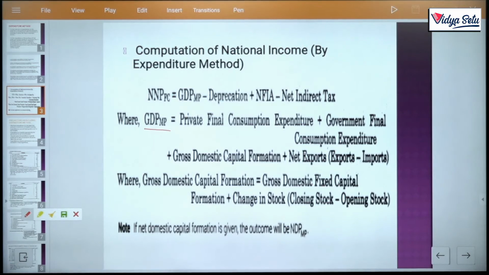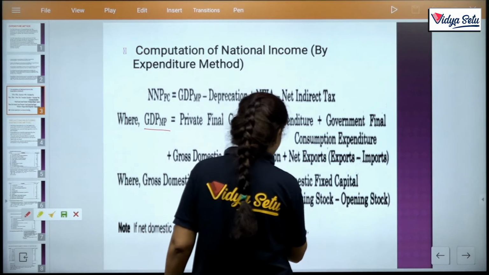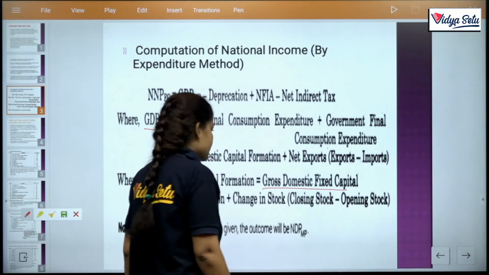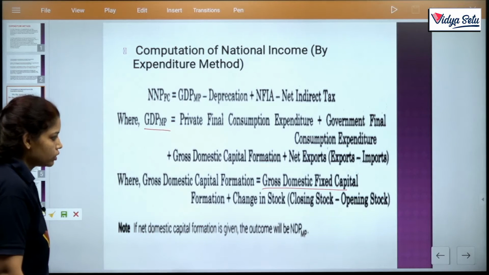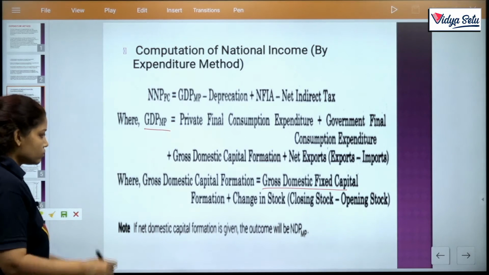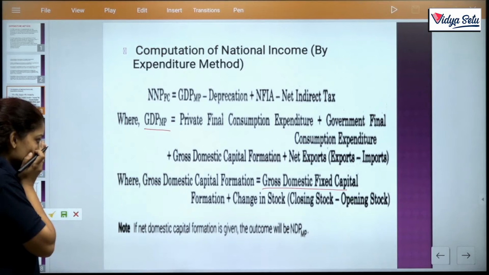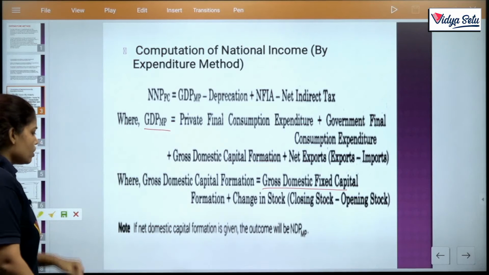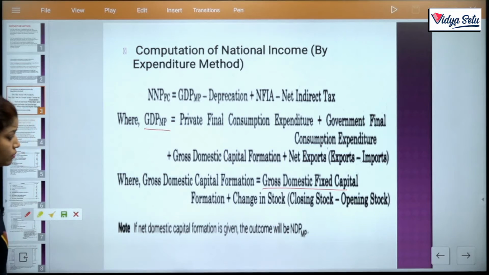How do we calculate gross domestic capital formation? If gross domestic fixed capital is given, then gross domestic fixed capital plus change in stock. Clear?